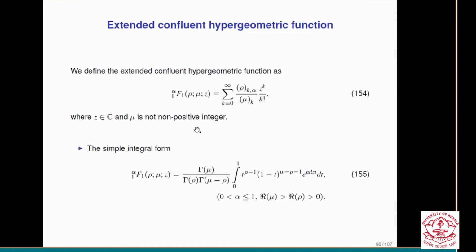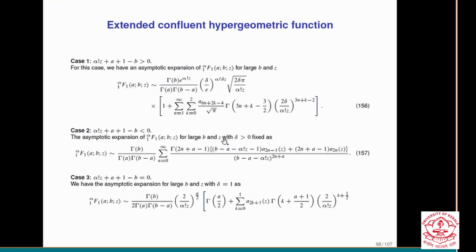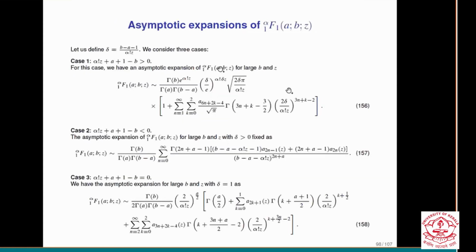But here we only concentrate on the hypergeometric function and skip all this calculation. So this is the simple form of the integral that is given in 155. And here we get three cases of this asymptotic extension.